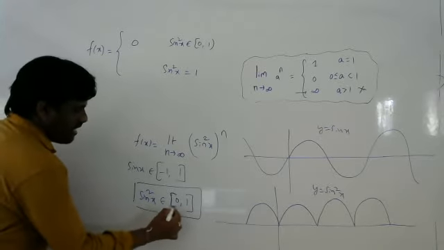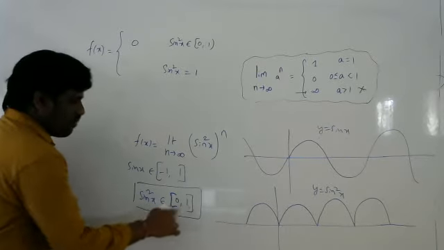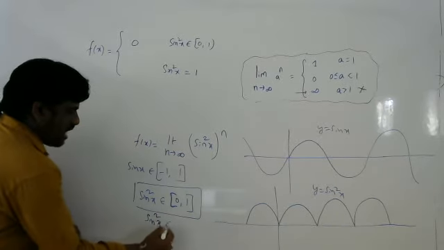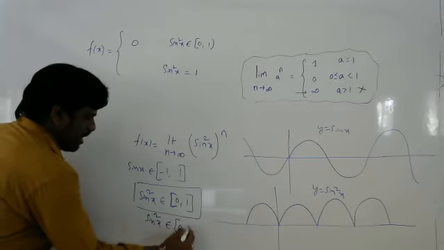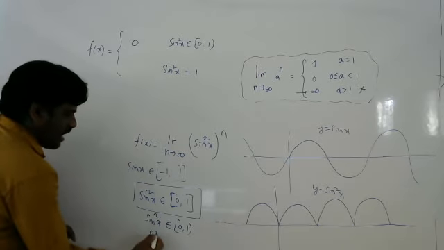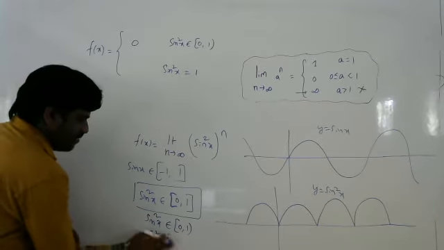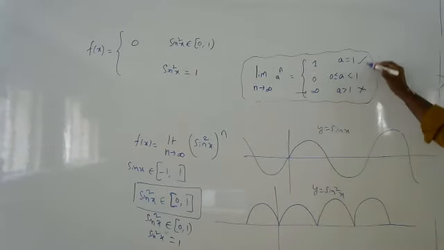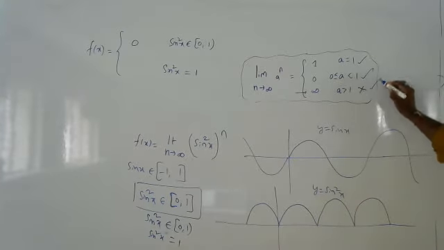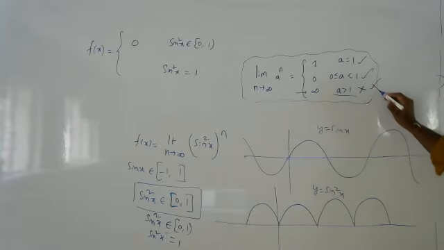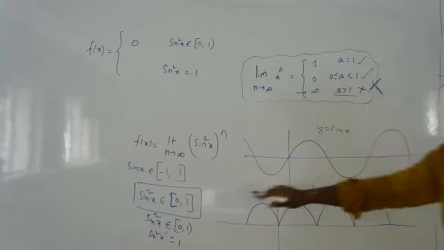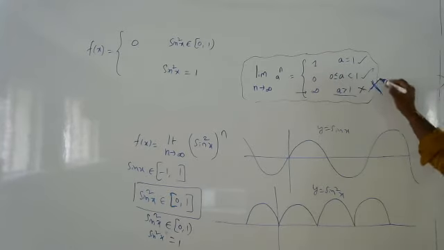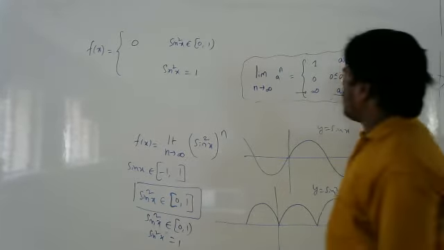So I can take 0 to 1, and I can take exactly 1. Because according to this built-in limit, these are the only three chances, and greater than 1 will not happen, it will not come in the range. So that is cancelled in the built-in limit, only these two.